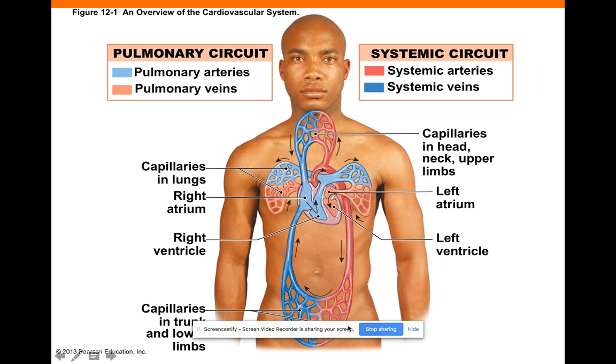Every single cell in your body has to be hooked up to some sort of blood vessel, kind of like every single house has to be hooked up to a road of some sort, some way that you can get to and from that house and get supplies in and out. So cells are a lot similar. This is the huge transportation system of the body.